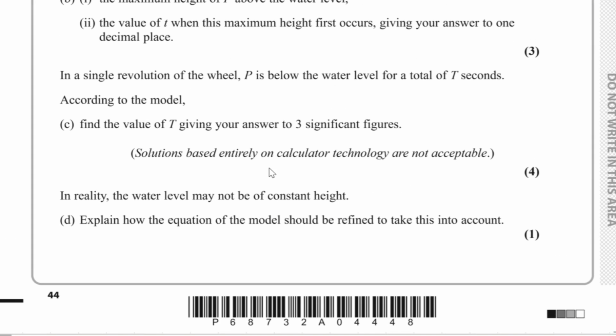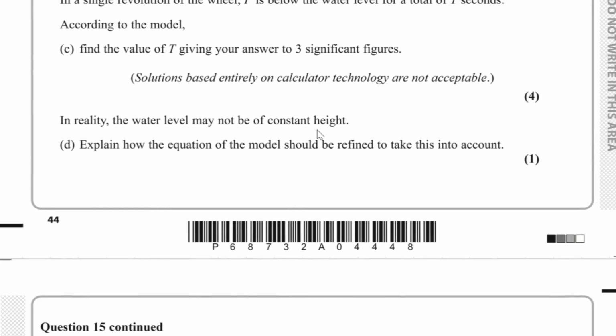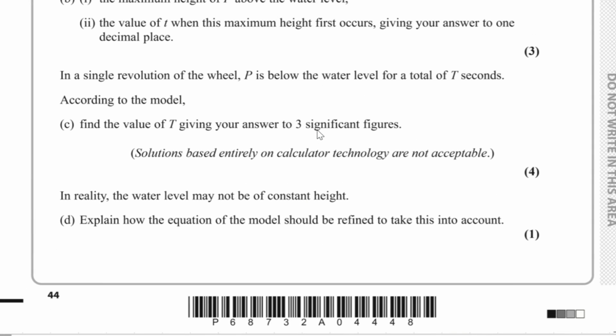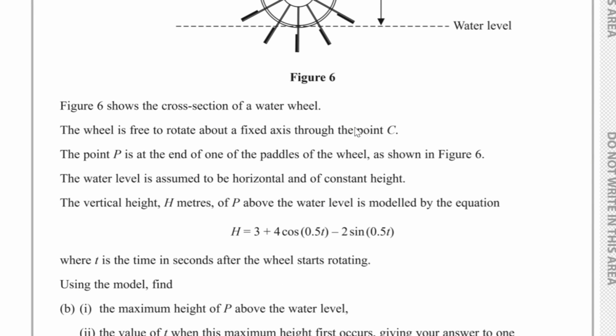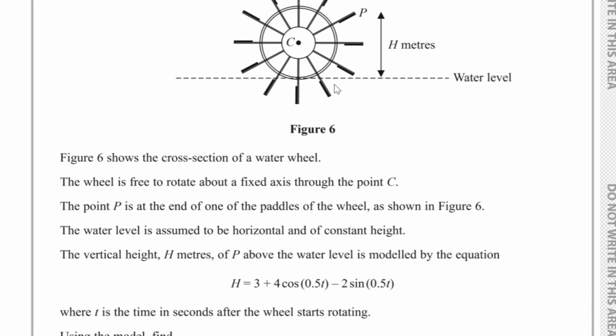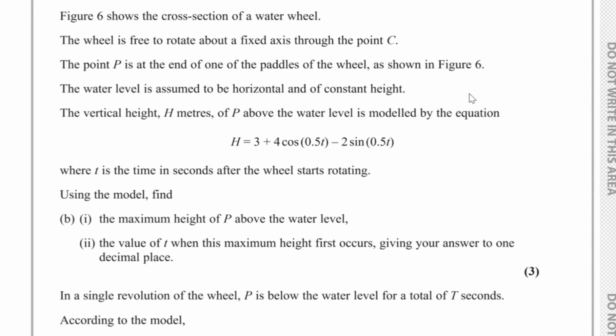According to this model, we have to find the value of t, giving an answer to 3 significant figures. Well, it's below the water level. What we can do actually is find out the range of values for which h is equal to 0.